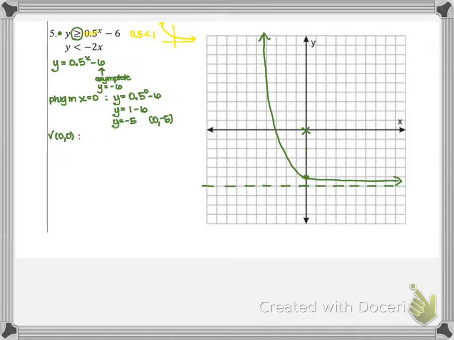So now we're back to what we did in the previous video. So 0 is greater than or equal to 0.5 to the 0 power minus 6. Okay, that's 1. So 0 is greater than or equal to negative 5. Yeah, that's true. Okay, so I'm going to start at the boundary and I'm going to shade towards that location.